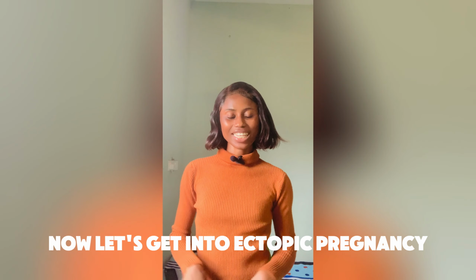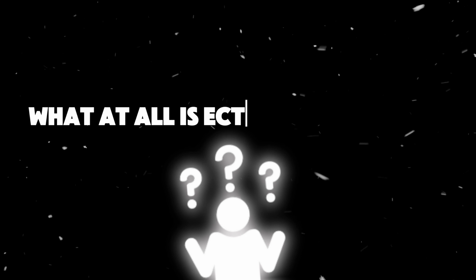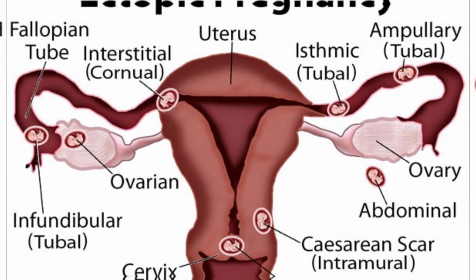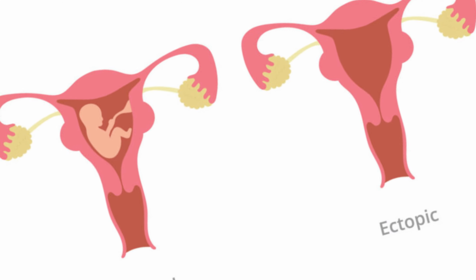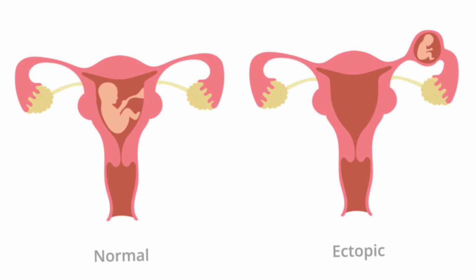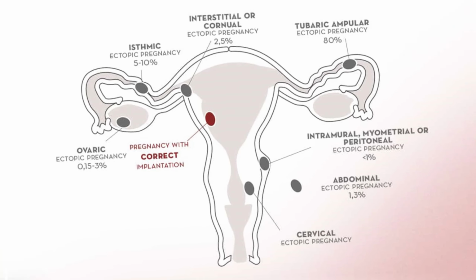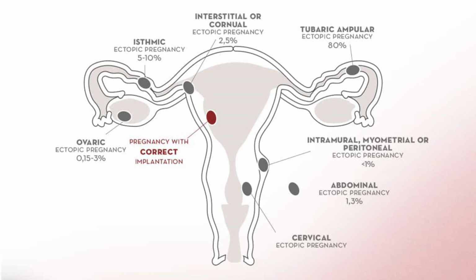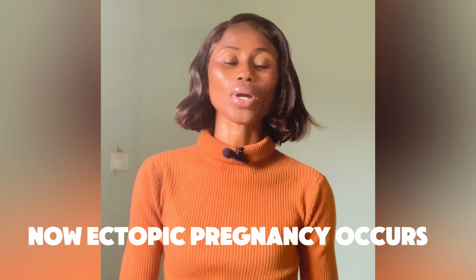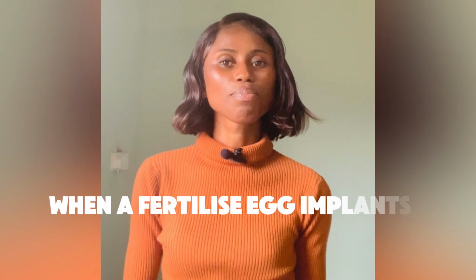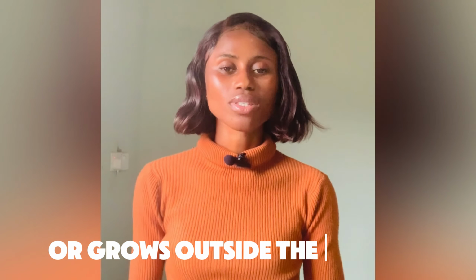Now, let's get into ectopic pregnancy. What at all is ectopic pregnancy? As the diagram on your screen shows, a fertilized egg needs to be implanted in the uterus. Ectopic pregnancy occurs when a fertilized egg implants or grows outside the uterus, but most commonly in the fallopian tubes.